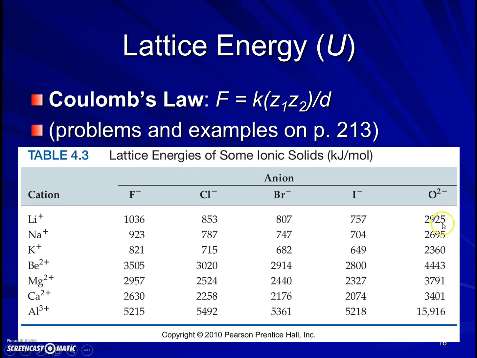So for example, when we make aluminum oxide, we have +3 times -2, we have a -6 here, and we get a very large energy.